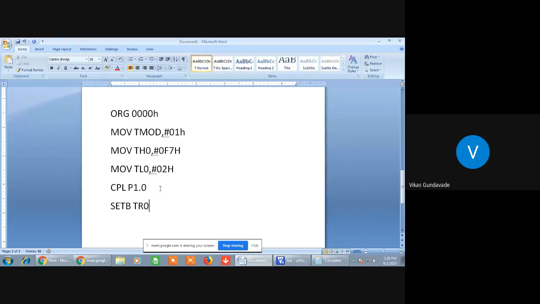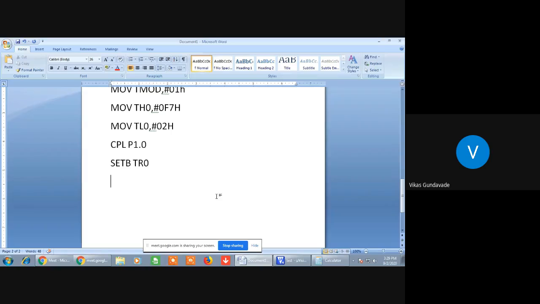And after starting the timer, we will wait until the TF0 flag is set. So here we will write JNB TF0, wait until the TF0 bit is set. Now when the bit is set, we need to stop the timer, clear TR0, and clear TF0.